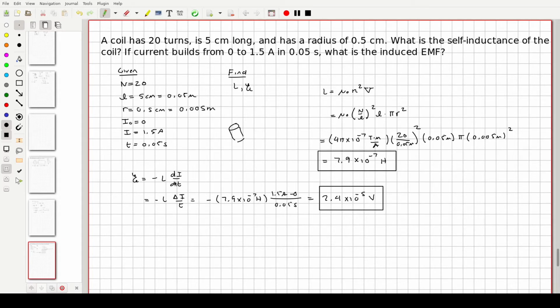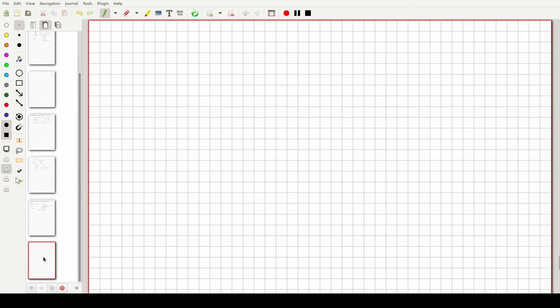Now, to do that, what I like to do is to consider a situation in which you have a battery with a switch, with a coil like that. We use L for inductor.